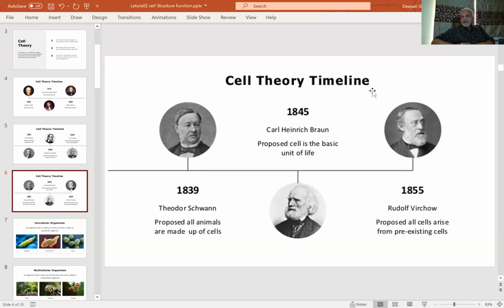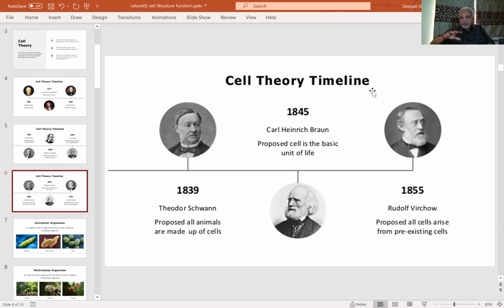In 1855, the cell theory was put together, which I gave you in the beginning: living beings are made up of cells, cells arise from a pre-existing cell, and the cell is the unit of structure and function of all organisms.